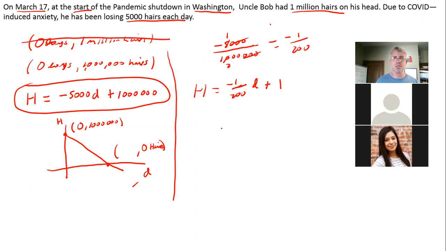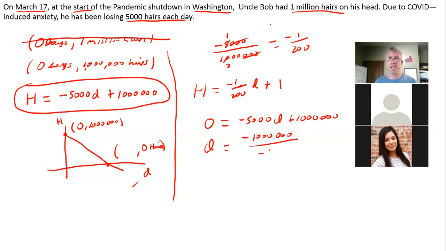So if you set 0 equal to your model, 0 equals negative 5,000 D plus 1 million, then you solve it for D, you're going to get D equals negative 1 million over negative 5,000, but the negatives are going to cancel, and the zeros are going to die, and what are you going to get? You're going to get the 200. So this is going to be 200 days.